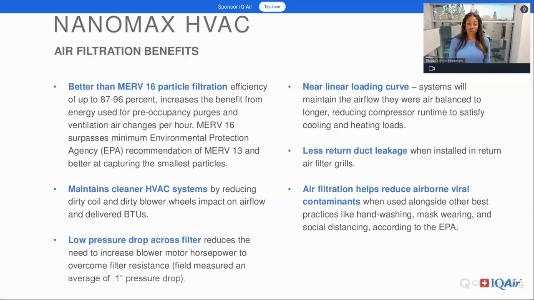It has very low pressure drop, reduces leakage overall within the return, and allows a very high efficiency rate, over 95%, with a 2-inch filter. If you have a MERV 8 or MERV 11 filter, it will be compatible with a system that is able to take a MERV 8 or a MERV 11 filter.